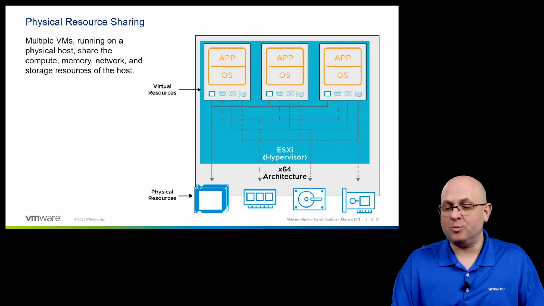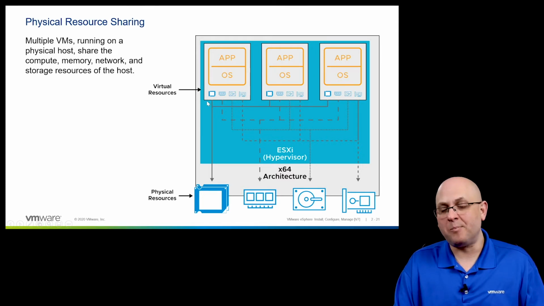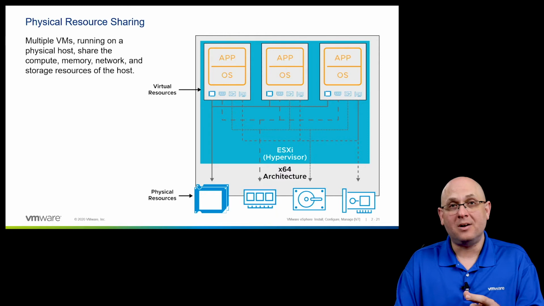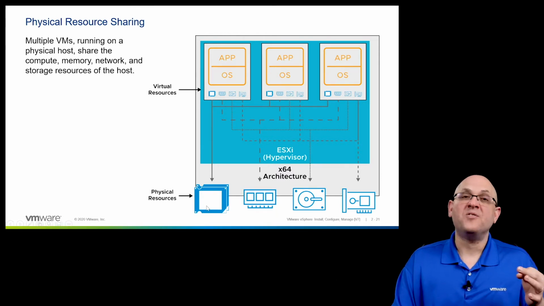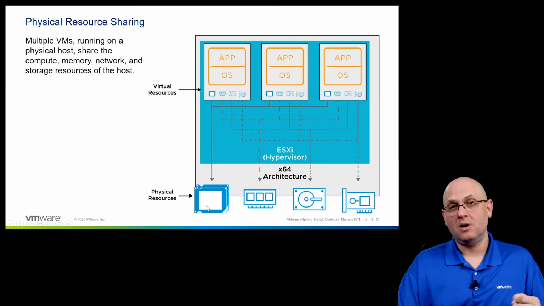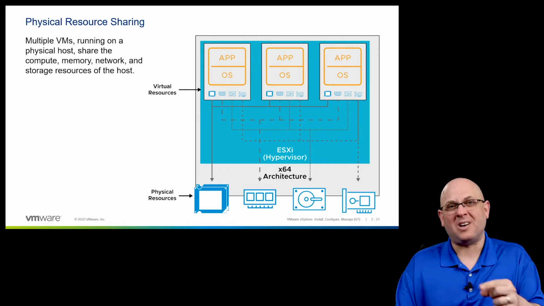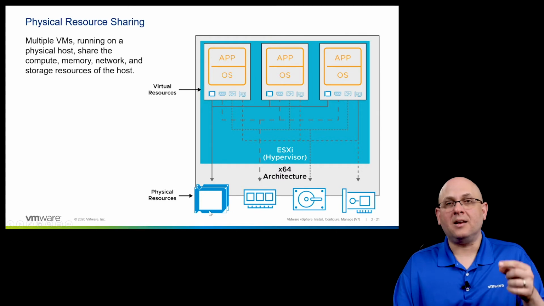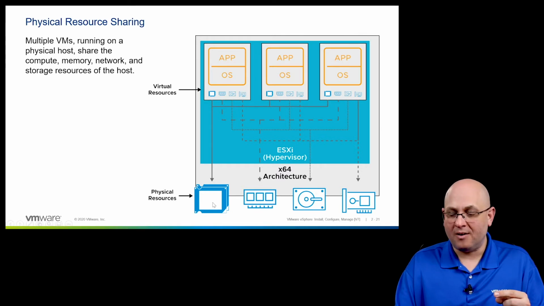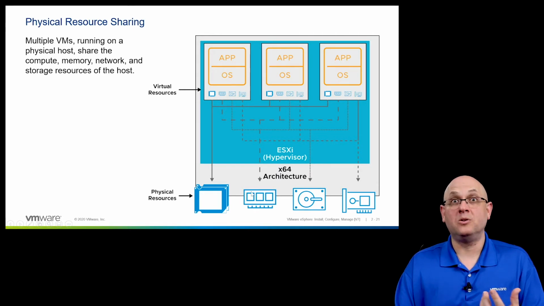When we build that virtual machine, we'll assign a certain number of virtual CPUs, and that number of virtual CPUs in every VM must be less than or equal to the number of physical cores, or in the case of hyper-threading, you can kind of double that, but we'll talk about that a little bit later. We'll assign less than or equal to the number of physical CPUs to any single virtual machine. The same holds true for RAM.